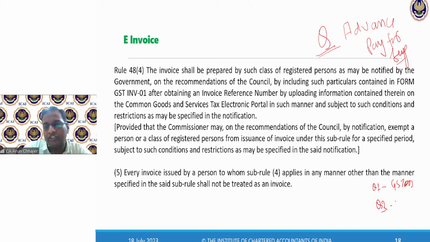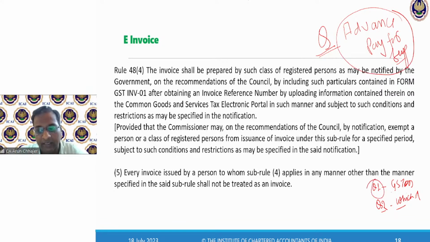Question number 2, which document is required to be issued? If I have received the advance for supply of the goods, question number 1, whether GST needs to be paid on advance. Question number 2, which document needs to be issued? I have asked 2 questions. Kindly give me the answer, first one and second one, both together.